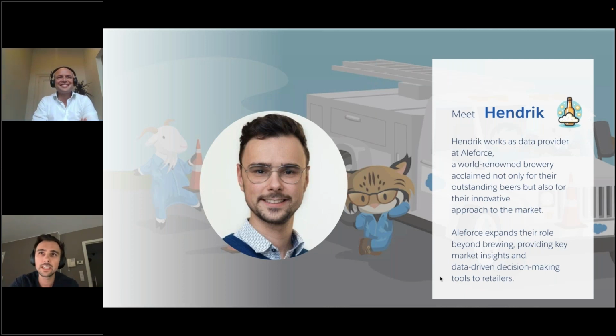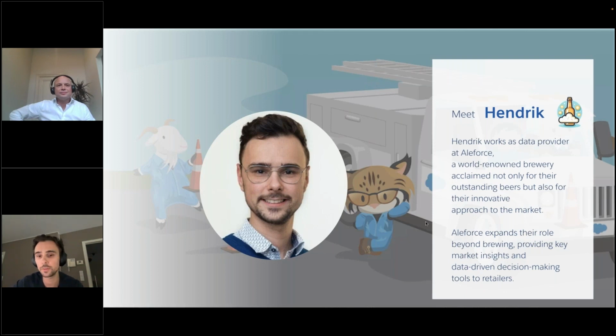And they've also seen that it's possible to sell the information that they have on their brands towards their customers. Their customers mainly are retailers, bars, your typical places where you can drink a good beer. So why is this important? Because you give market insights as well as competitive intelligence towards your retailers so they can make data-driven decisions. So this is all about Salesforce.